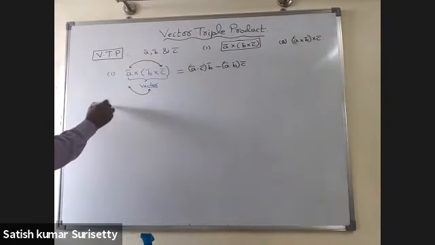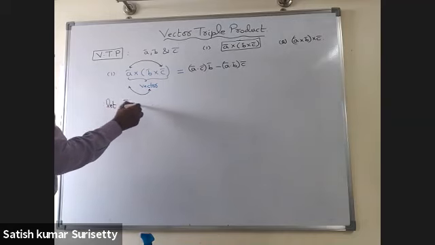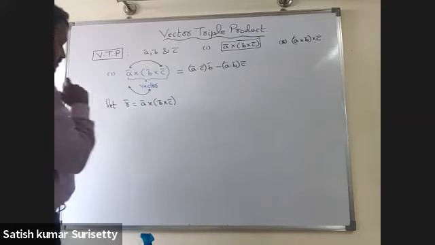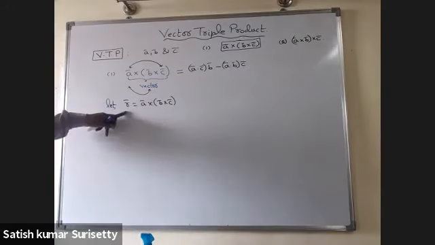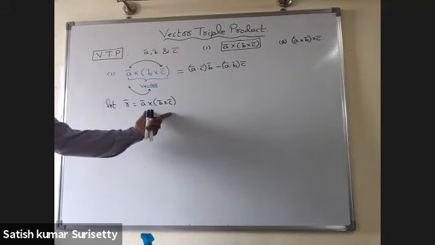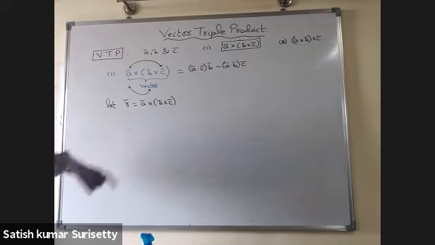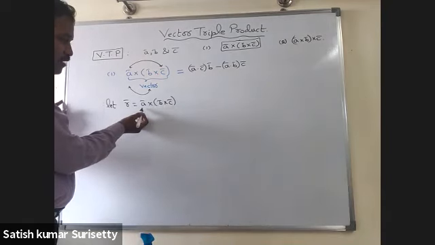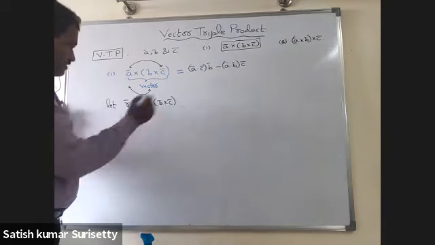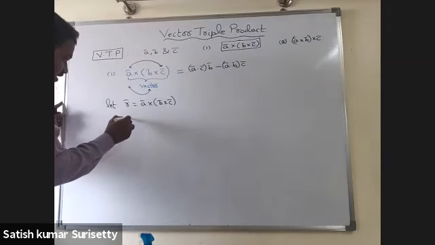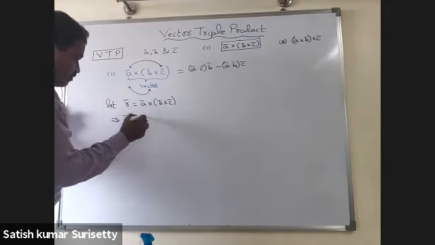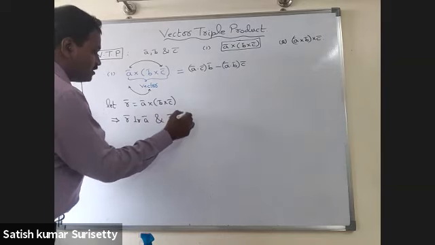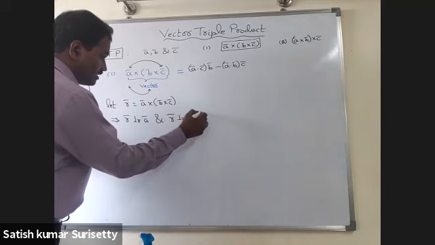So let us assume that R bar equals A bar cross B bar cross C bar. Now, when I take R bar as the cross product of these two vectors, as per the definition of cross product, A bar cross (B cross C) is always perpendicular to A bar as well as perpendicular to B cross C. That means I can write R bar is perpendicular to A bar as well as R bar is perpendicular to B bar cross C bar.